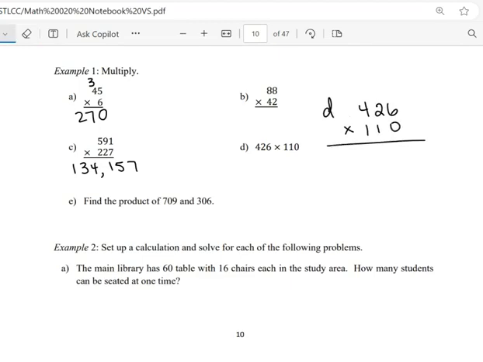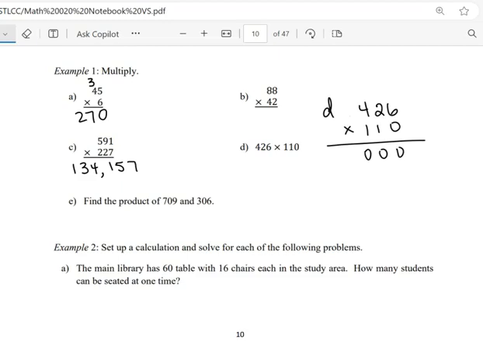All right, so some of you will know, some of you don't need to use the 0. But for the sake of keeping everything organized, if you have a 0, 0 times any number is going to give you a 0. So we can fill the first partial product with zeros.